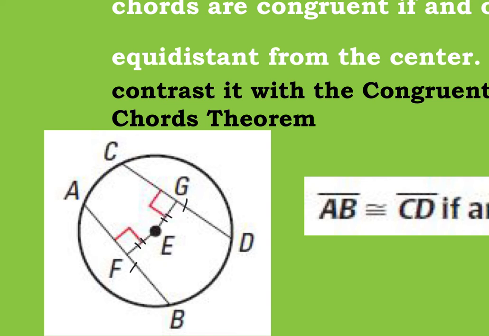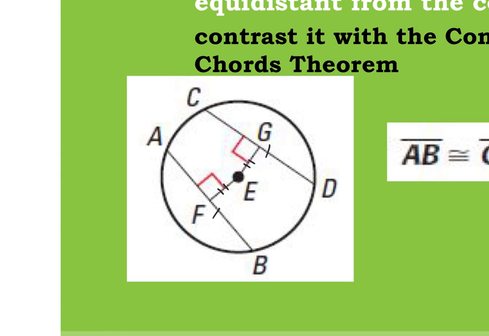Now, one common mistake is students will say EG is a radius. Why is EG not a radius? Stephanie? It doesn't go to the edge of the circle. So please write that down and put a highlighted X over it.